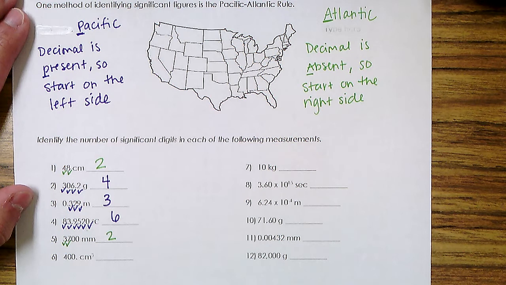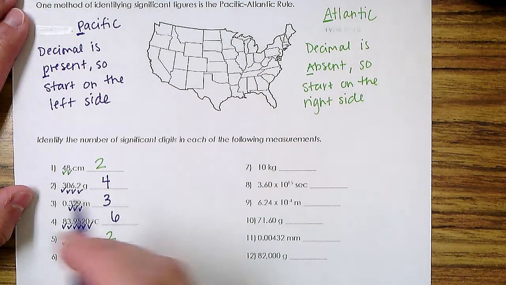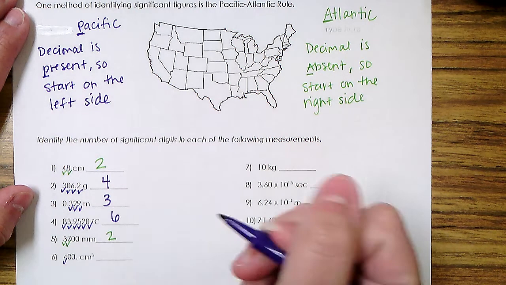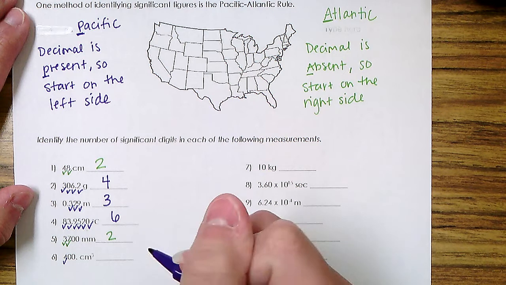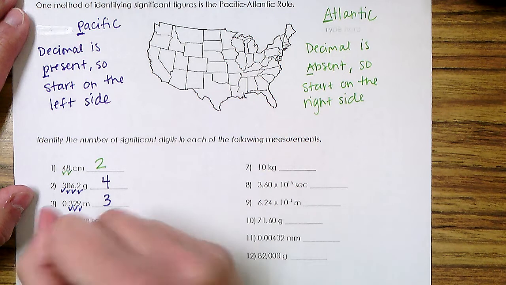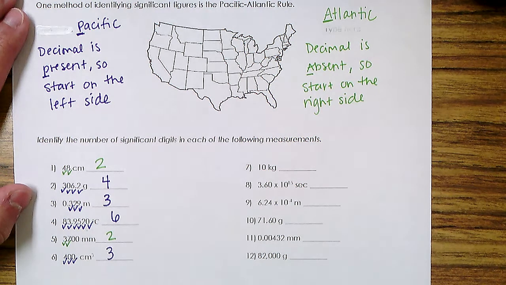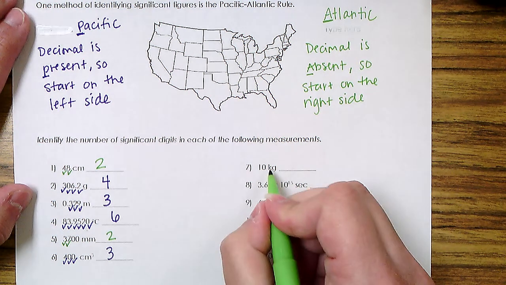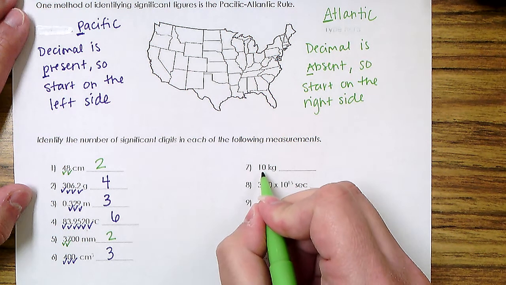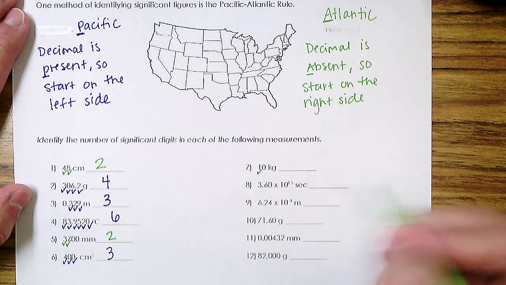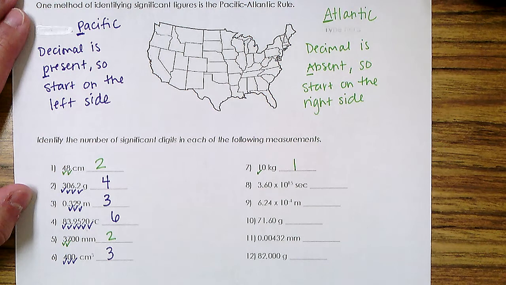But since there is a decimal present, we're going to follow our Pacific rule, meaning I'm going to start on my left side until I come to my first non-zero number. So 4 is a non-zero number, so I'm going to say yes, it's significant. Once I say yes, everything else in that direction is significant. So I have 3 sig figs for that one. Let's check out number 7. There is not a decimal, so it's absent. I'm going to use my Atlantic rule. 0 is not significant here because I have not hit a non-zero number yet. 1 is significant, so I have 1 sig fig.